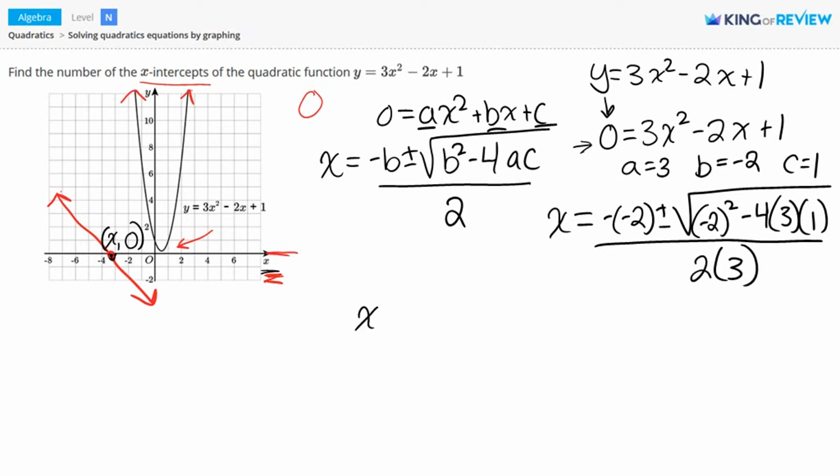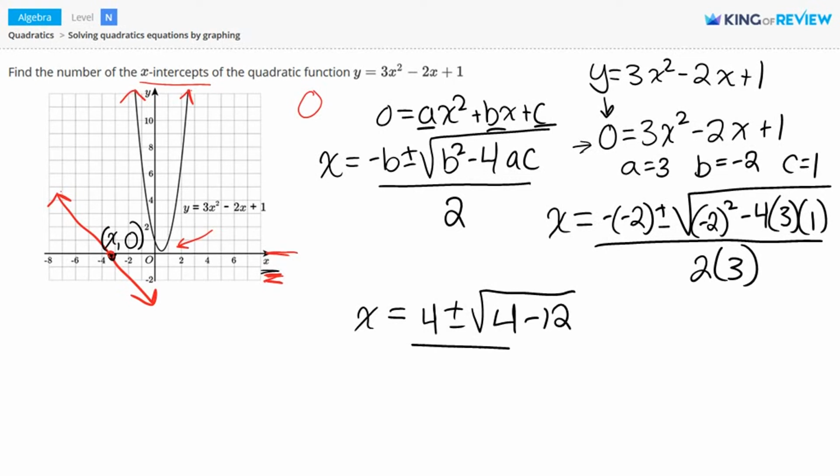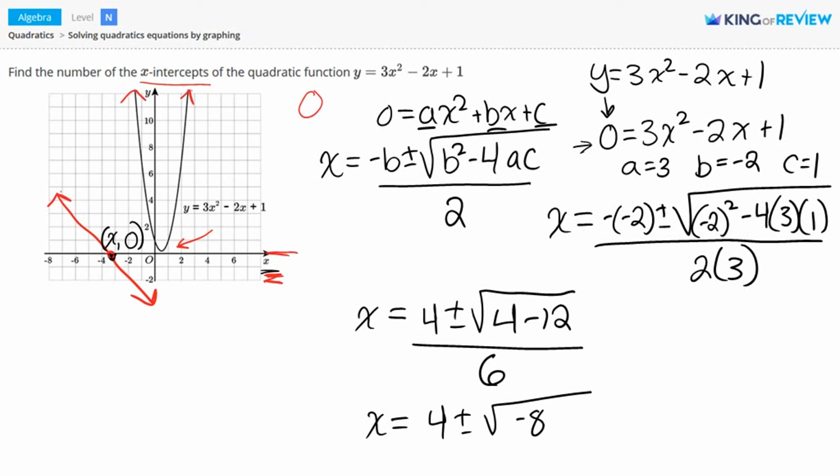When we simplify, we get x equals 2 plus or minus the square root of 4 minus 12, and this is all divided by 6. And next, we get x equals 2 plus or minus the square root of negative 8, divided by 6.